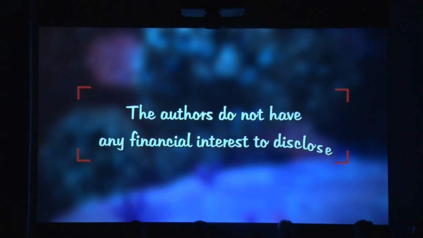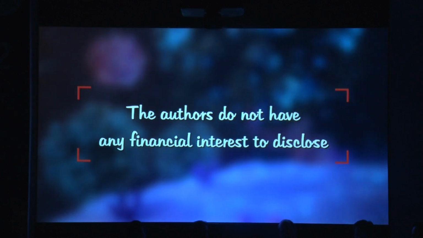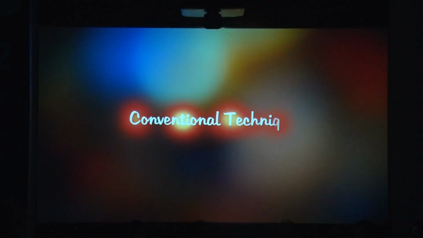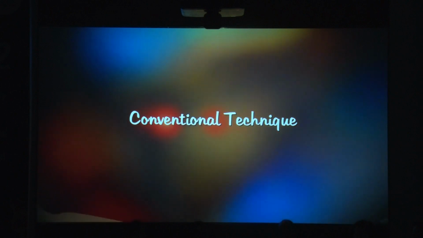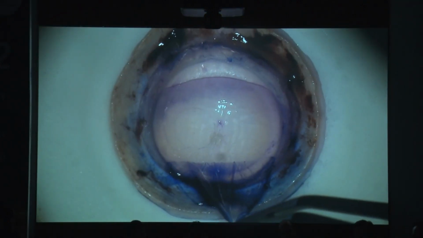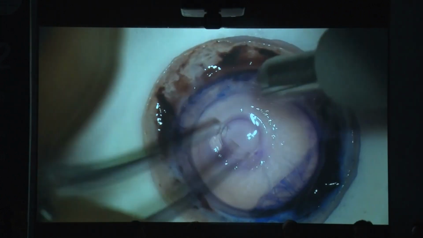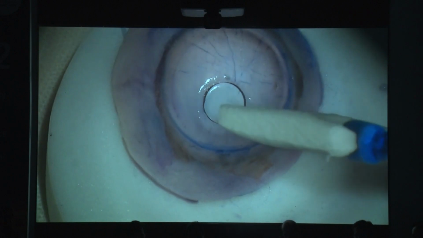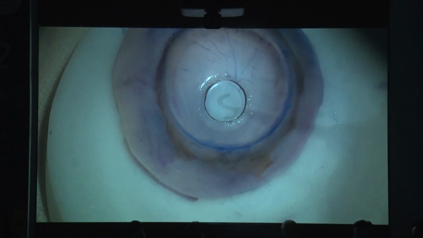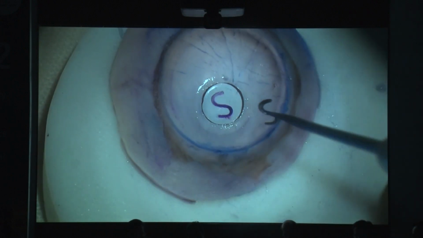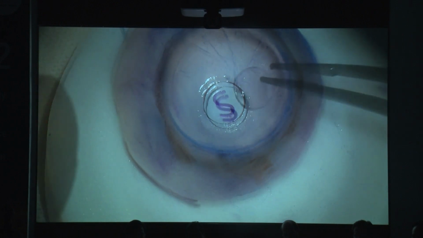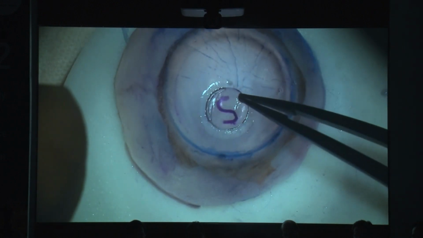We have no financial interest in this video. Conventionally, most surgeons use a stamped DMEC graft for ease of orientation during unscrolling. To make that, we need an S or an F stamp on the DM side during donor preparation, which is done through a 3 mm stromal window.